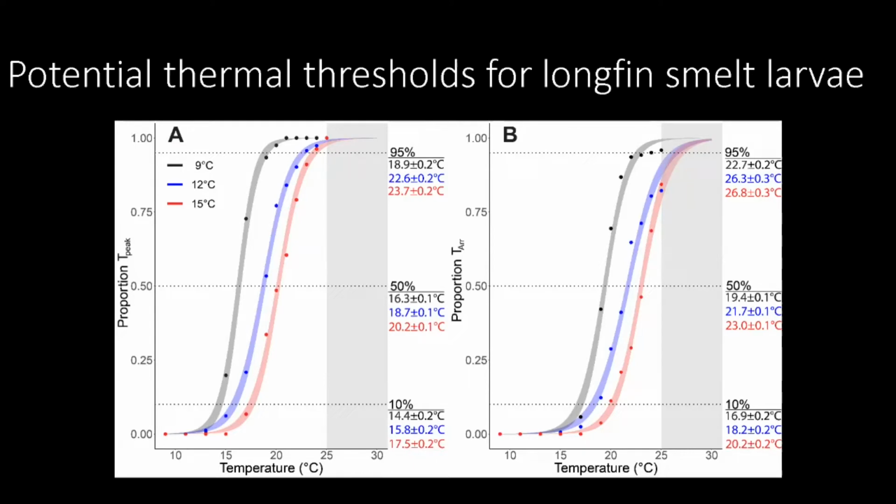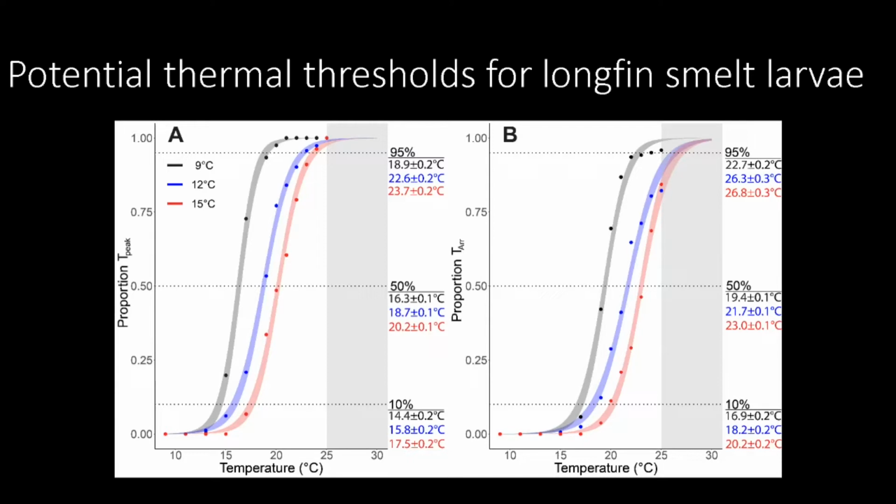So based on this, I won't comment on exactly what temperature one should use, but I will say that one really big mystery in the field right now is what temperature a longfin smelt embryo is exposed to. I think that's a question we don't really know the answer to.